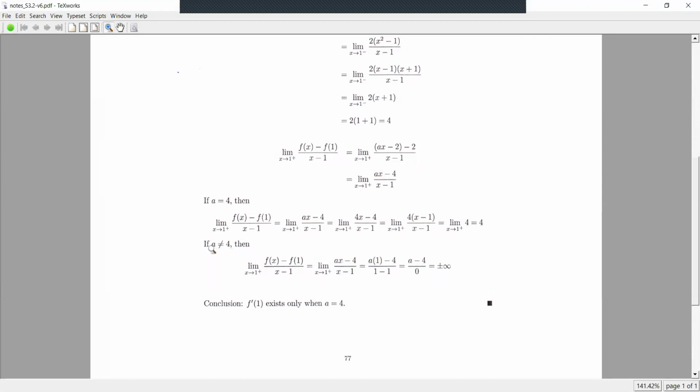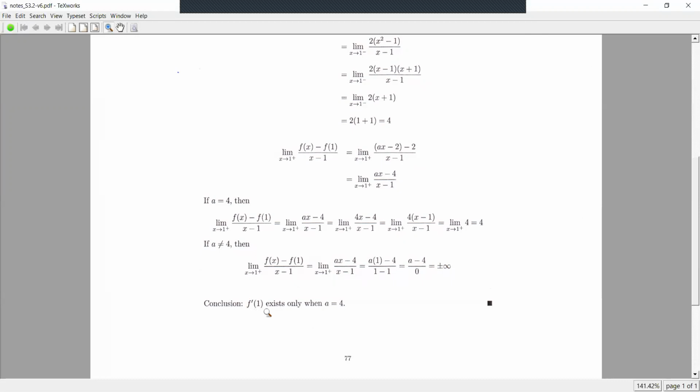Now, a is not equal to 4. So a minus 4 is a non-zero number. A non-zero number divided by 0 is infinity, either positive or negative. Now, we can make a conclusion. The derivative at 1 exists only when a is 4, because the derivative is a both-sided limit.